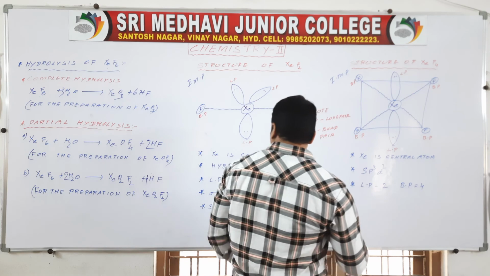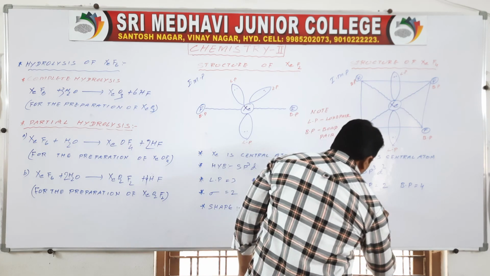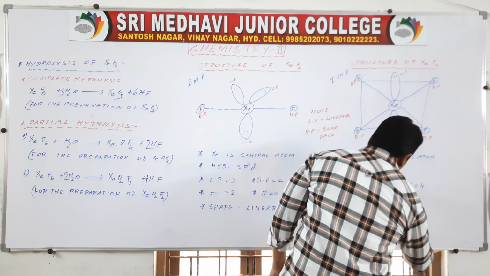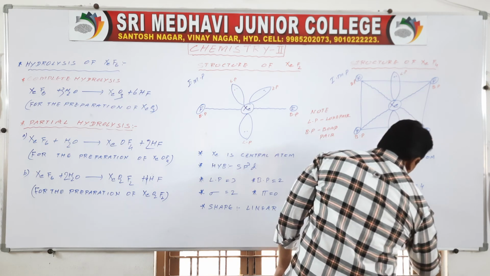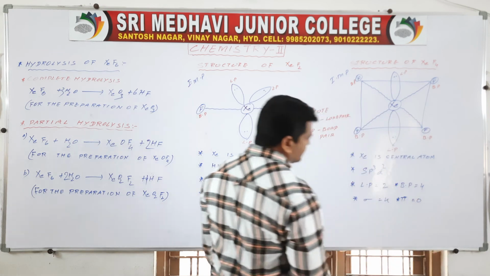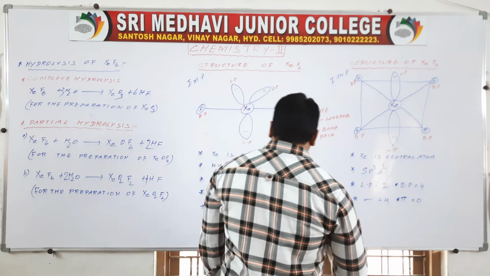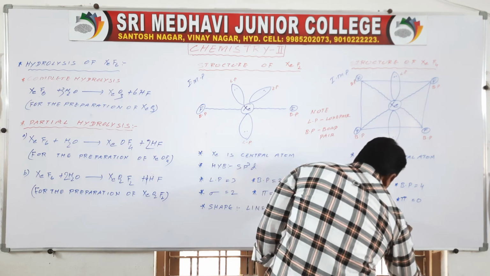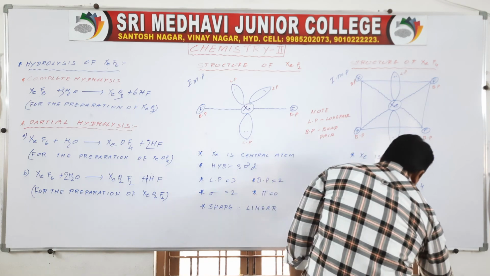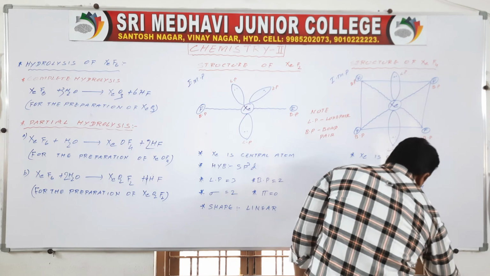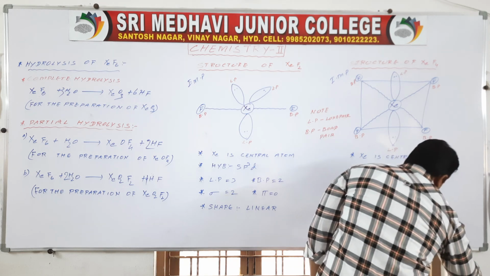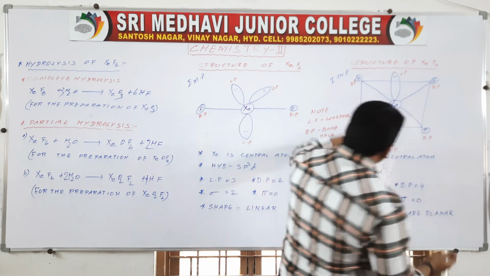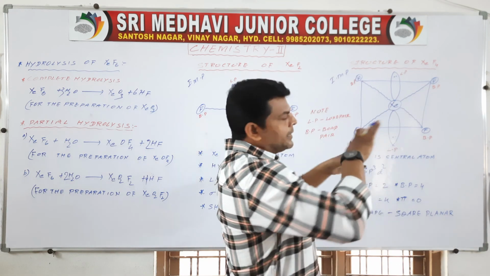Okay. And then sigma bonds how many? 4. Pi bonds how many? 0. Okay. Then shape of the molecule is square planar.